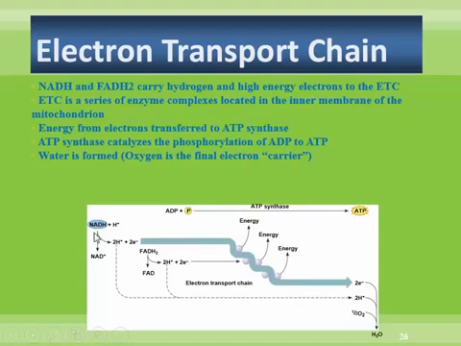So the electrons are transferred to an enzyme called ATP synthase. The hydrogens pass through the ATP synthase a little bit like water flowing over a dam.